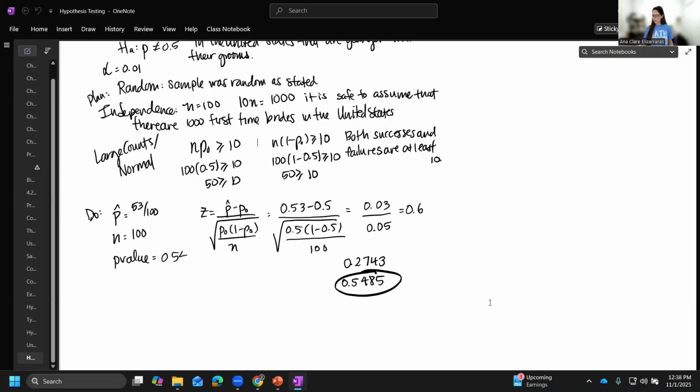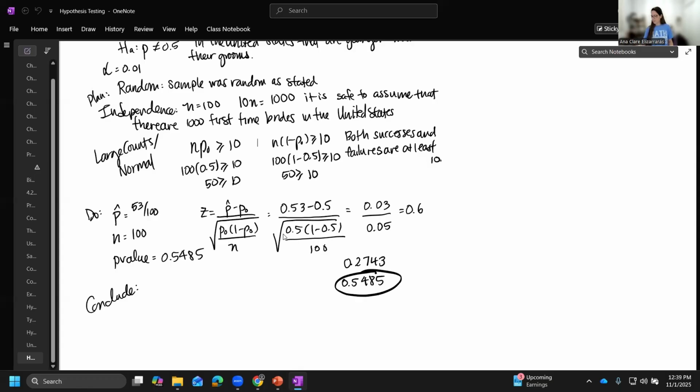This means 55% of the time, we would get a sample proportion of 0.53 if the population proportion is really assumed to be 0.5. So what this means is that happens a lot.